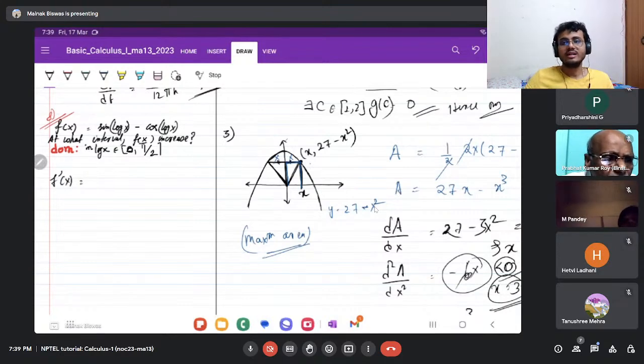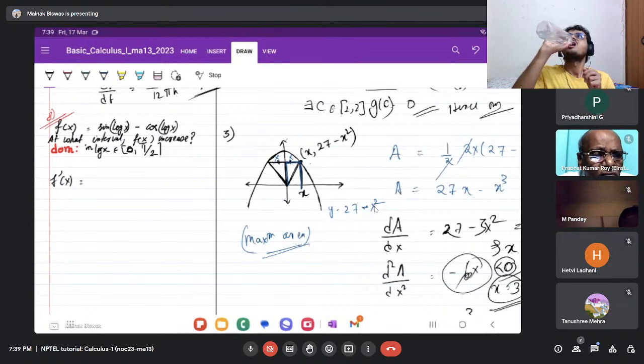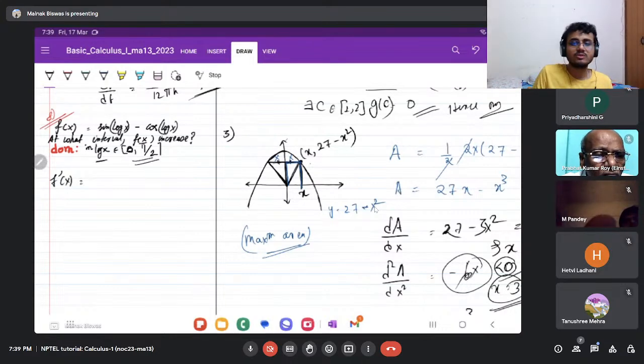I take the derivative, right? I have said that the domain of log x is between 0 and pi by 2. So what is the domain of x between which this function increases?